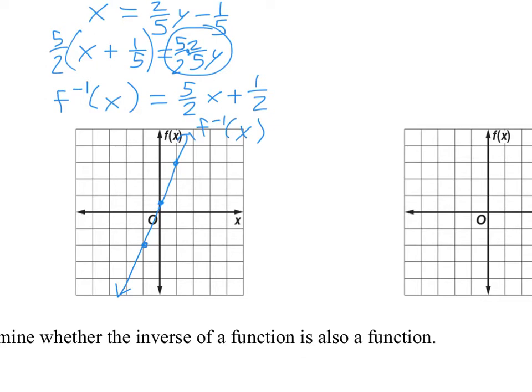All right, it's kind of hard to graph the original function because 1/5 is kind of hard to estimate. So what I'm going to do instead is take some coordinates that are on this blue line and inverse them. So I see the point 1 comma 3. This point up here tells me that 3 comma 1 is on the original function.